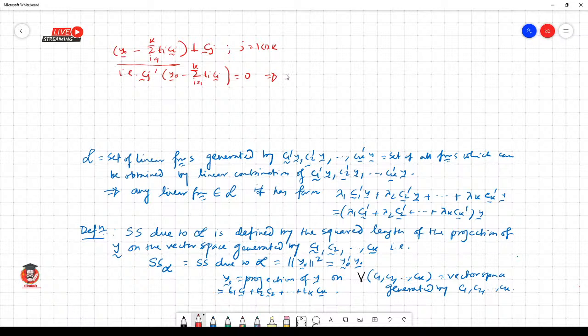So this means Cj curl prime y curl minus c t curl equals 0. This is for all j from 1 to k, hence c prime y curl minus c t curl equals the null matrix, then c prime c t curl equals c prime y curl, and this is always a solvable equation.